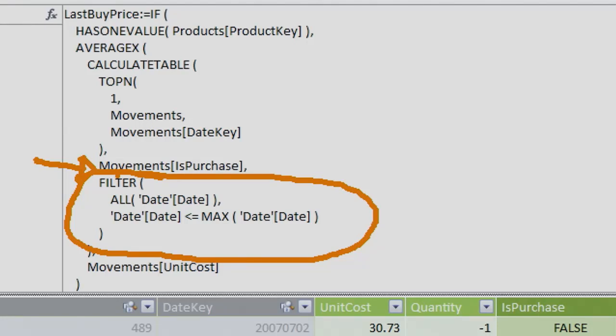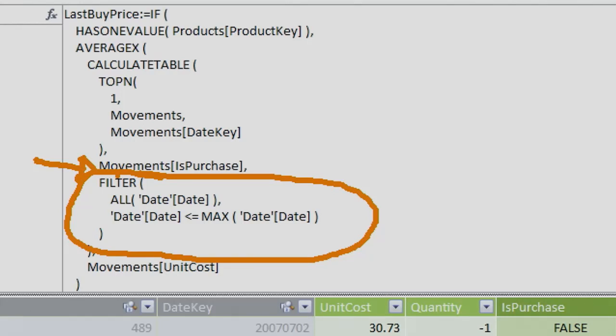However, it is much better if you have a flag, because from a performance point of view, I'm applying a filter on a column that has only true, false, only two possible values. When you apply a filter on a column that may have different numbers, when you write quantity greater than 0, you're applying a filter over potentially thousands of unique values. It is much more efficient.